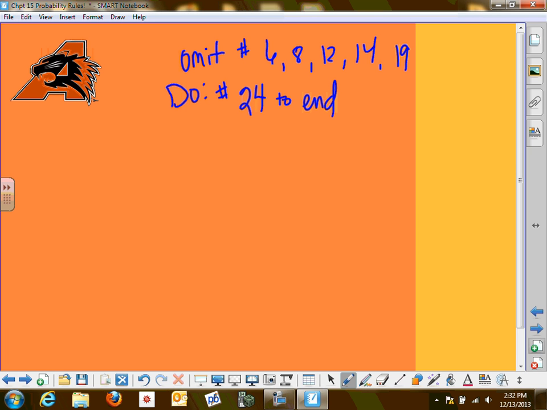Now, if you feel weak on this concept, you're welcome to do the other parts, and we will check them on Monday. Additionally, you need to do warm-up number 15, because we are going to be having your quiz 15 on Monday.